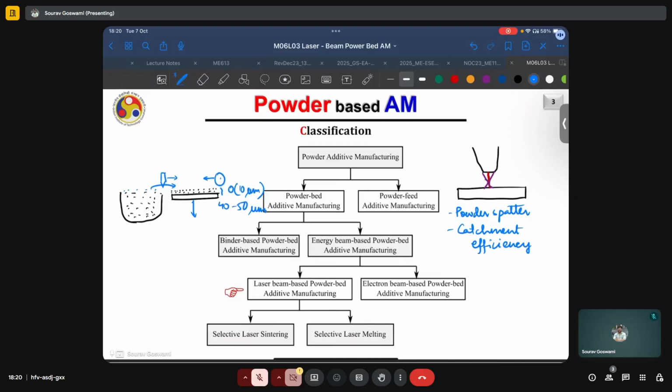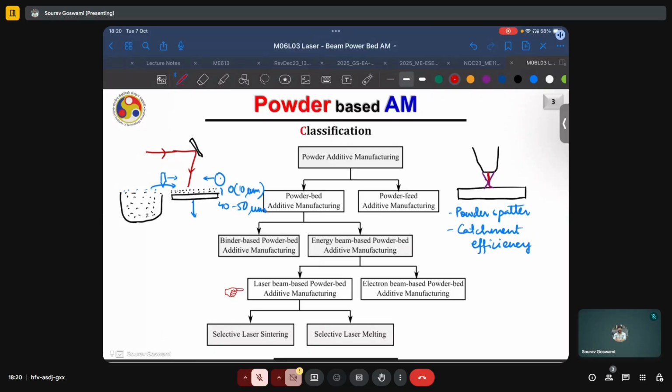But after that, it's just the laser which is scanned onto the print region and suitably reflected or moved around using galvanometers that interacts with the powder particles, and then depending on the process either sinters or melts them in region.